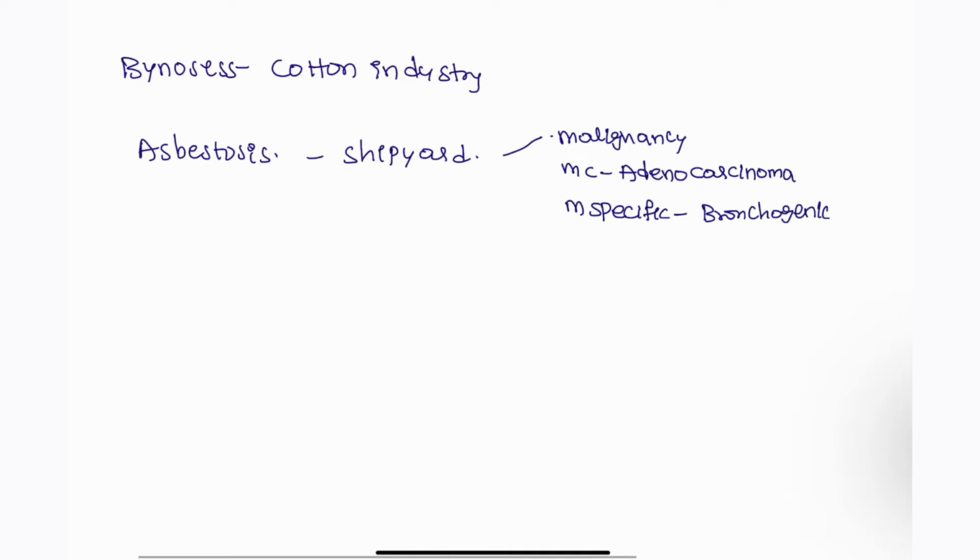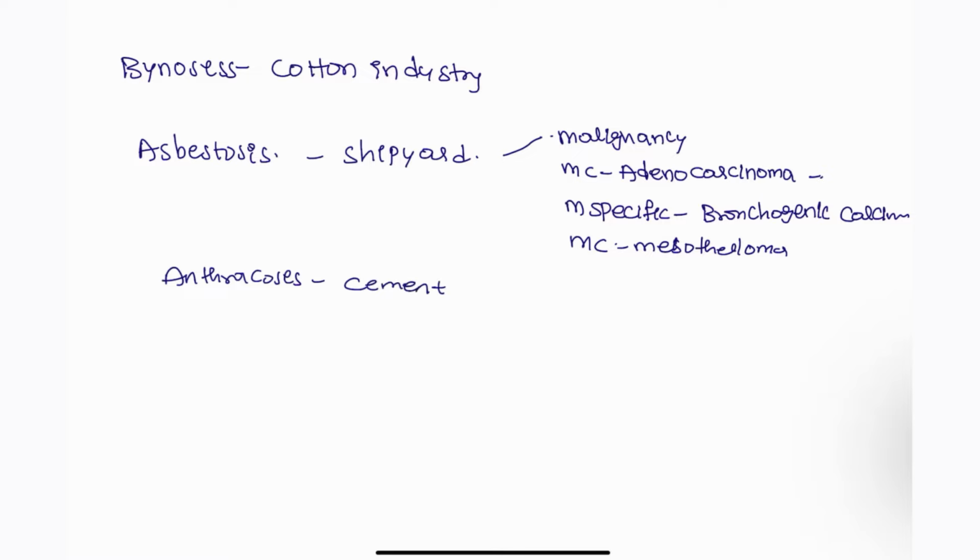And another one, very rarely asked, is mesothelioma. Next, we also have anthracosis. Okay, cement industries, anthracosis, there will be ferruginous bodies. Ferruginous bodies you will see on histopathology.